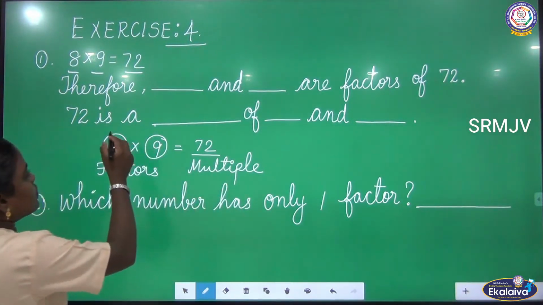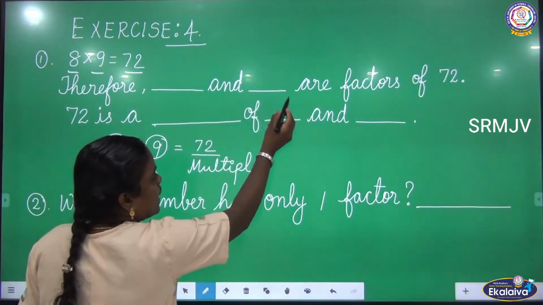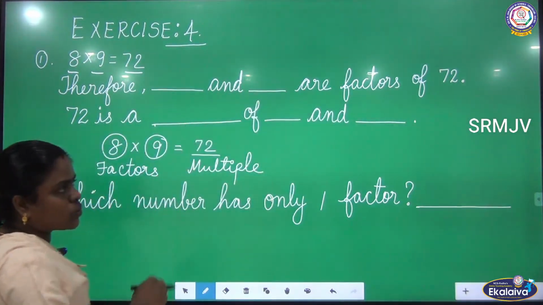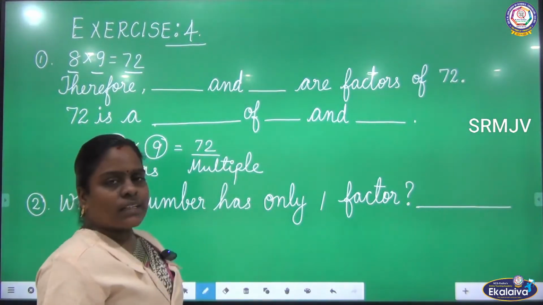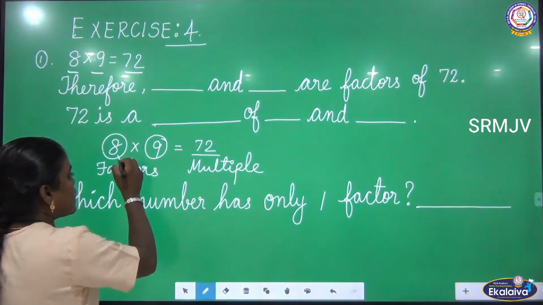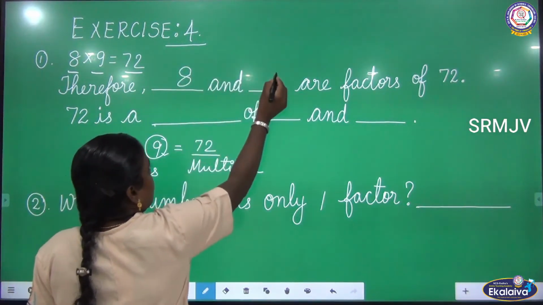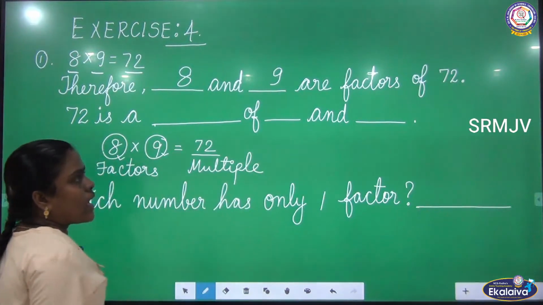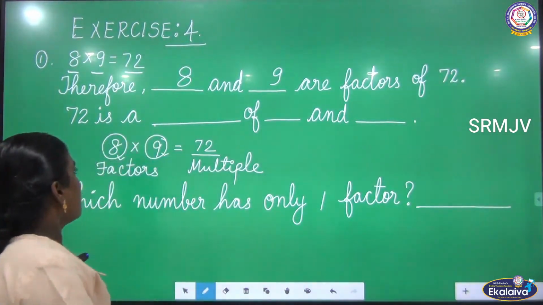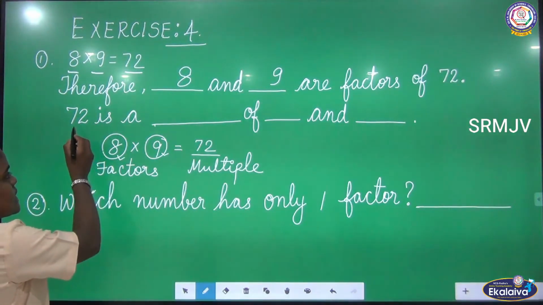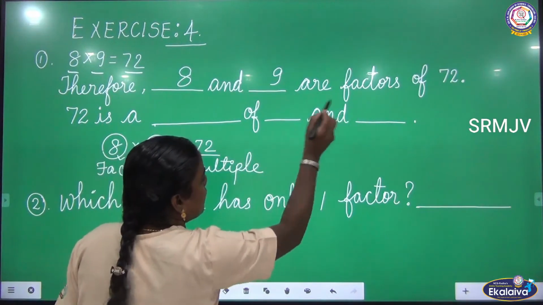Look at the first question. Therefore, dash and dash are factors of 72. So 72 is a multiple. So what are the factors? 8 and 9 are the factors of the number 72. Look at the next question. 72 is a dash of dash and dash.